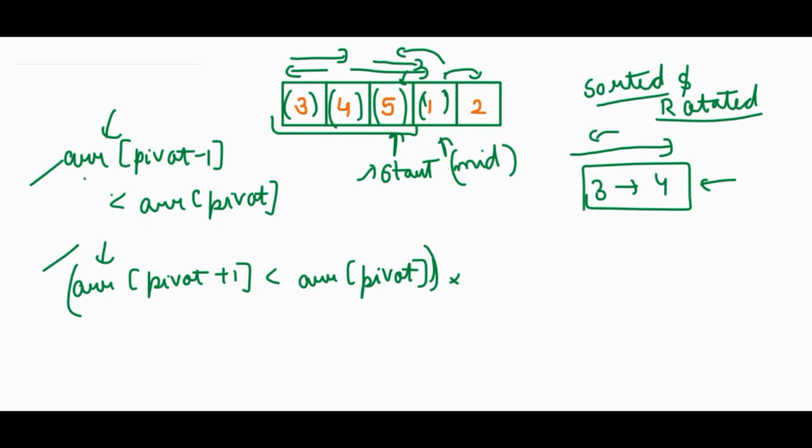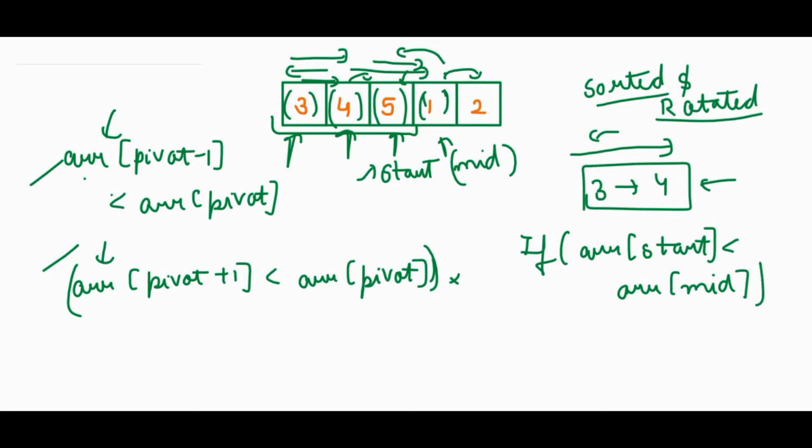But in the previous case, when mid was pointing at 4 and start was pointing at 3, the array was increasing in this direction. So the pivot must not be on the left side, but on the right side. So two cases here: if array of start is less than array of mid, that will mean we have to go right.